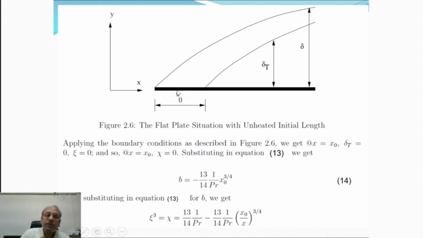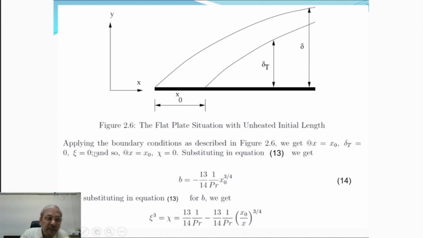This is very small, the picture is magnified, there is a small unheated initial length. So applying the boundary condition which has been described here, at x equal to x₀, δ_t starts. So at x equal to x₀, we can say δ_t equal to 0, and basically ζ equal to 0.